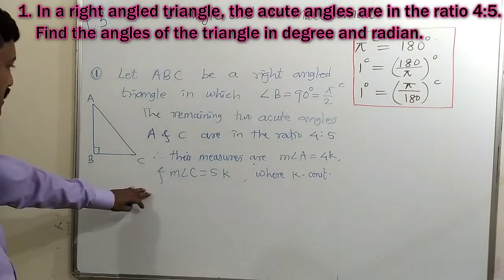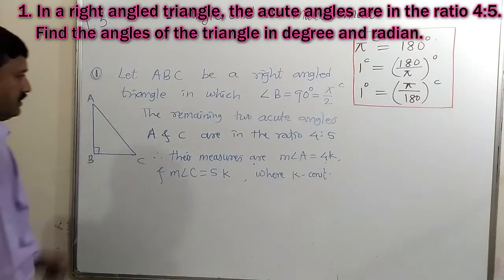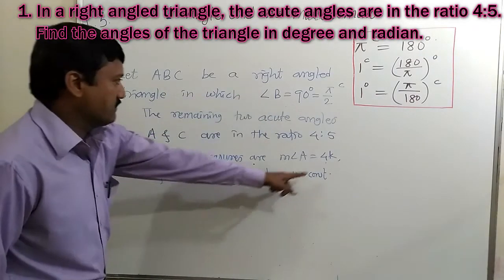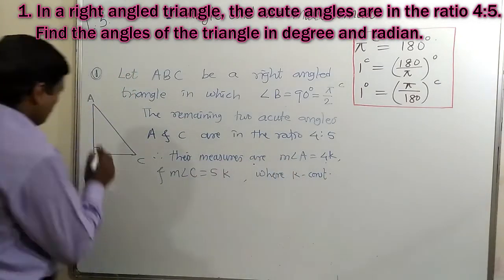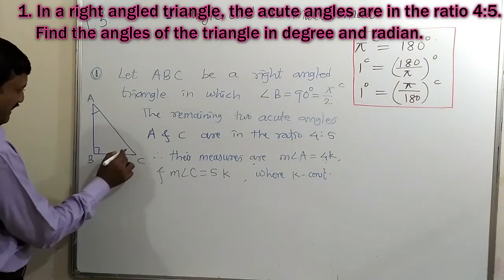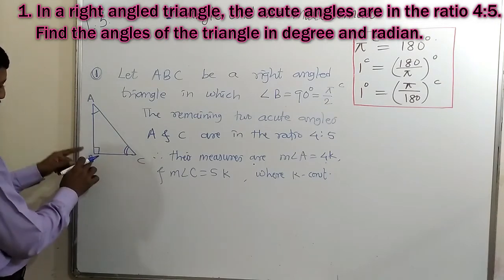Now these are the angles of a right angle triangle. One angle is 90 degree, so obviously the sum of the remaining two will again be 90, because the sum of these three angles is 180.